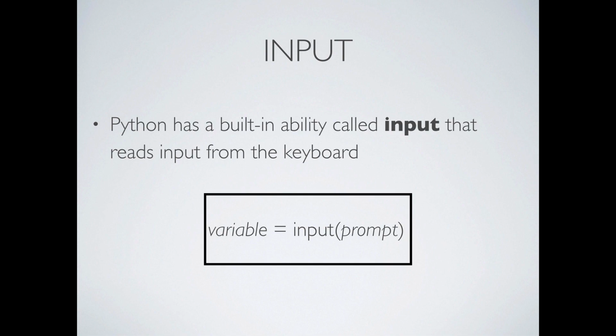And then on the right-hand side of this assignment statement, so again, the right-hand side is the data that we're going to put into this variable, we have a couple things going on. We have the word input. So again, input, this is a built-in Python keyword. So you type in input all lowercase. You have the open close parentheses again, which is similar to how print was, right? And then inside those open close parentheses, you're going to give some prompt.